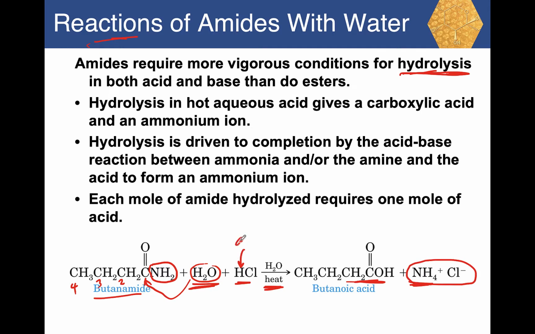Because this is an acid, and if we generated ammonia first, the acid will quickly react with that in an acid-base reaction to give the salt. But the main organic product here is a carboxylic acid. So again, the hydrolysis of an amide gives the carboxylic acid and the ammonium salt.